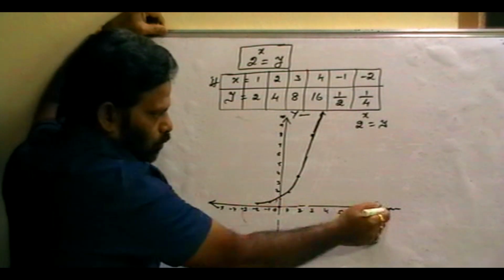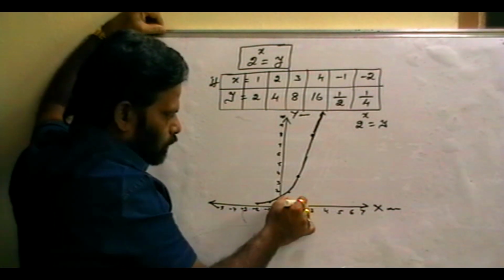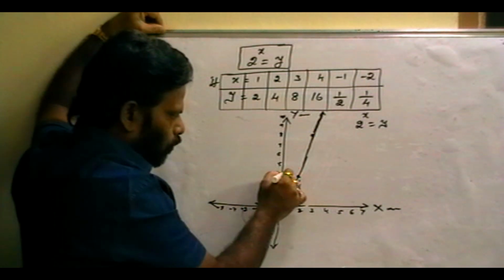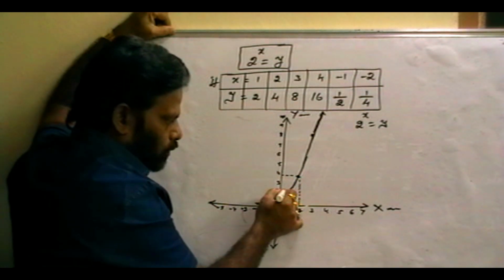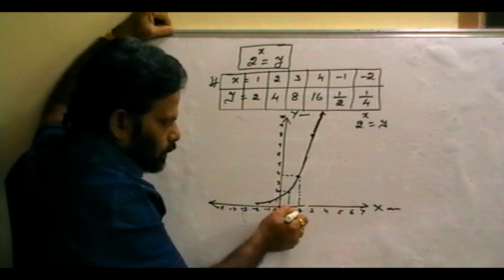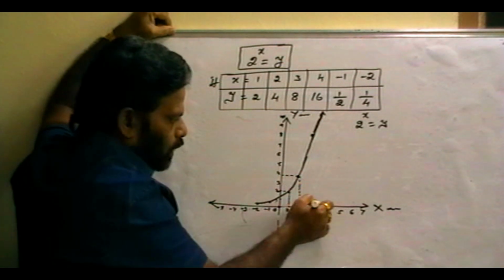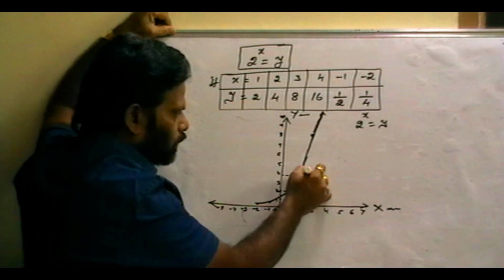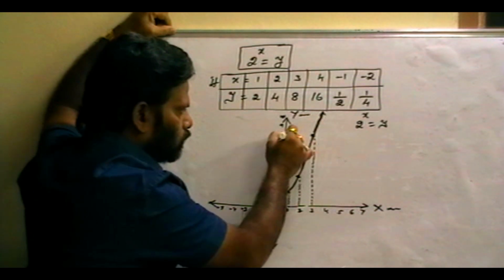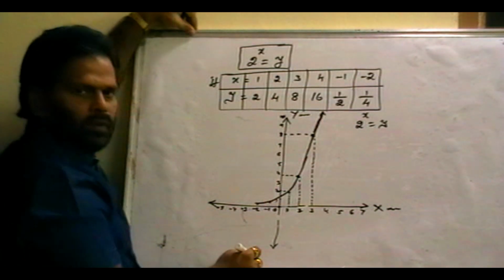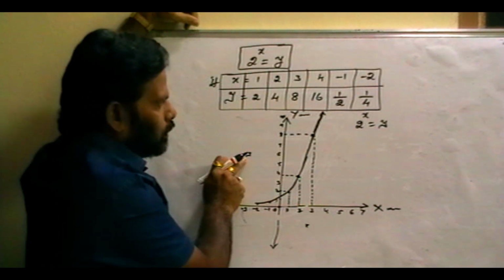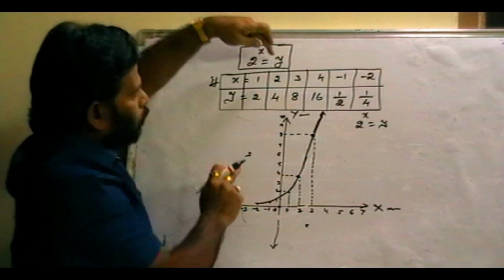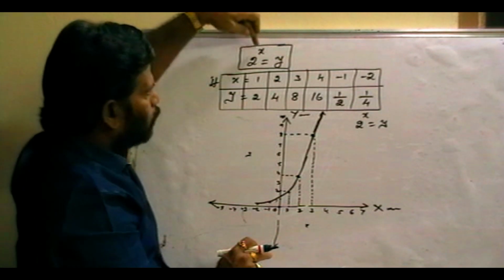If x is equal to 2, y value is 4. If x is equal to 3, then its y value is 8. It is the x value, it is the y value. Y is nothing but the value of 2 to the power of some x.